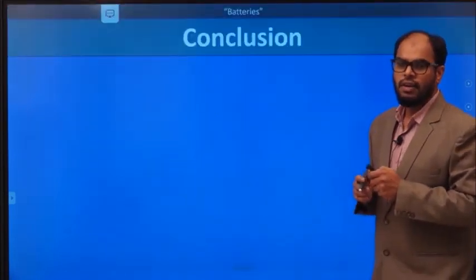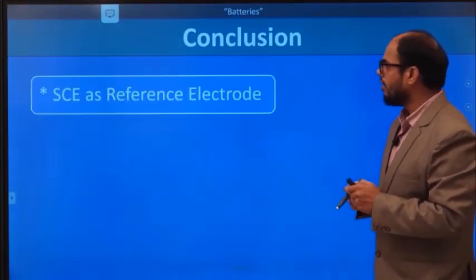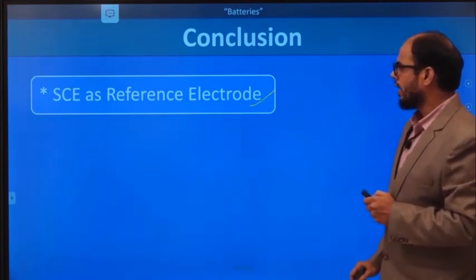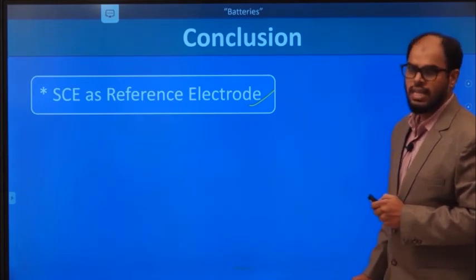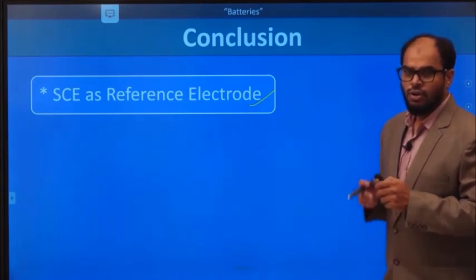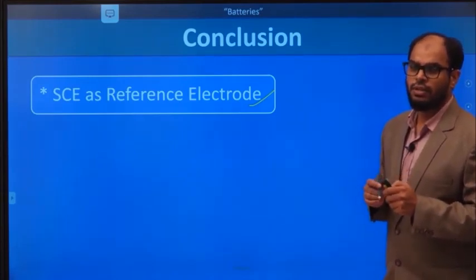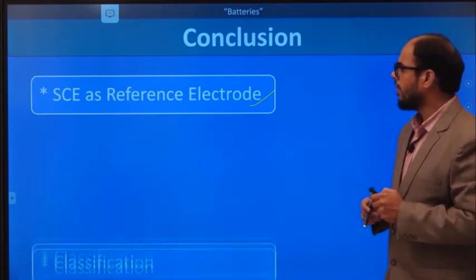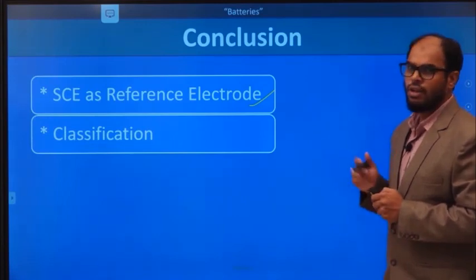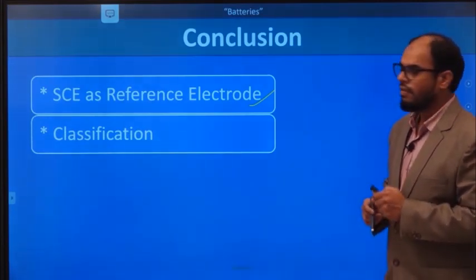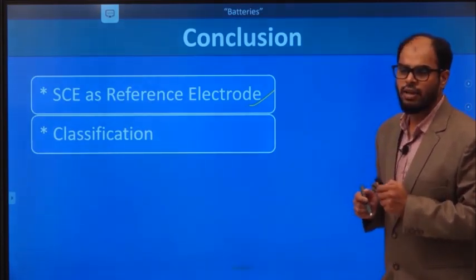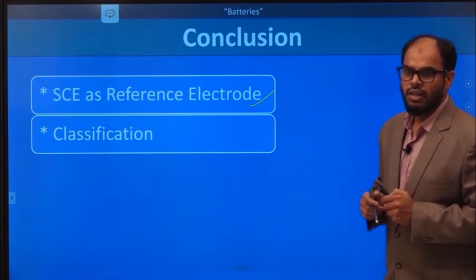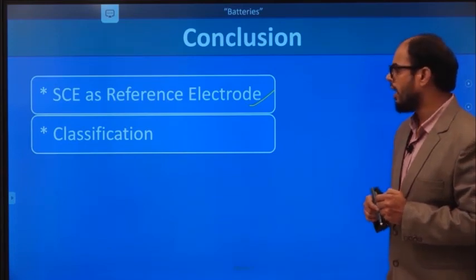Finally, we have come to the end of the session, and we have taken the following points. So, we have taken this saturated calomel electrode as a reference electrode, which can be used to find out the electrode potential of any unknown electrode. And based on the normality of potassium chloride solution used, we have classified the saturated calomel electrode as decinormal, normal, and saturated calomel electrode.